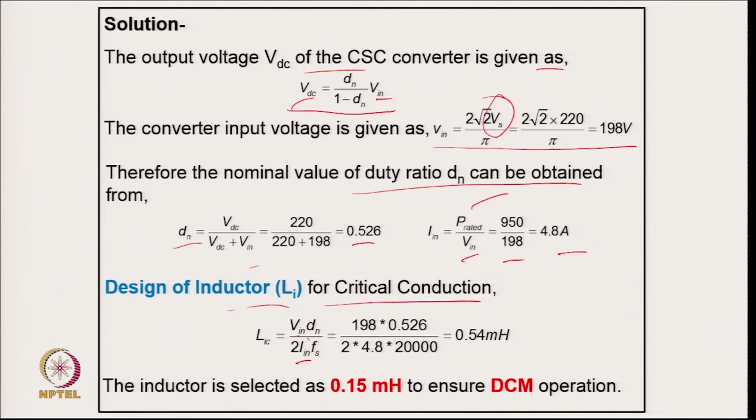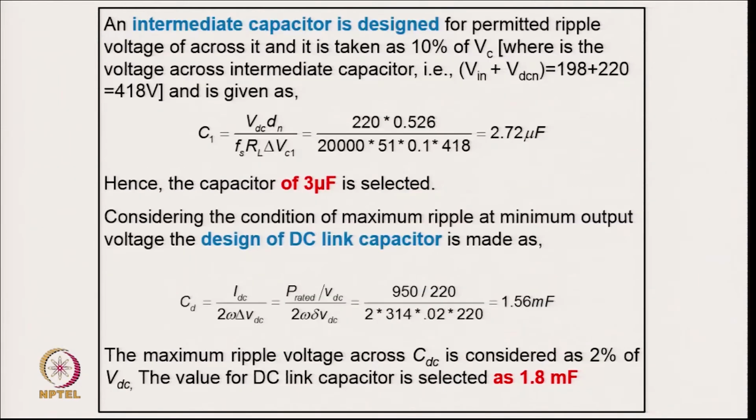So, here the ripple is twice the current flowing through this, and this comes to 0.54 millihenry, and we have to make sure that we select a much lower value than this. So, that under all operating conditions, even at a supply voltage lower than this nominal voltage, it still remains in discontinuous mode. So, the inductor is selected typically of the order of even around 1/4 of that, which is 0.15 millihenry, to make sure that it always operates in discontinuous conduction mode.